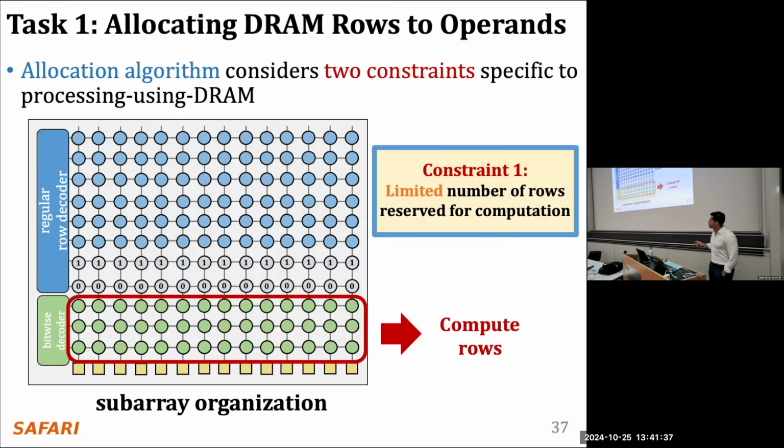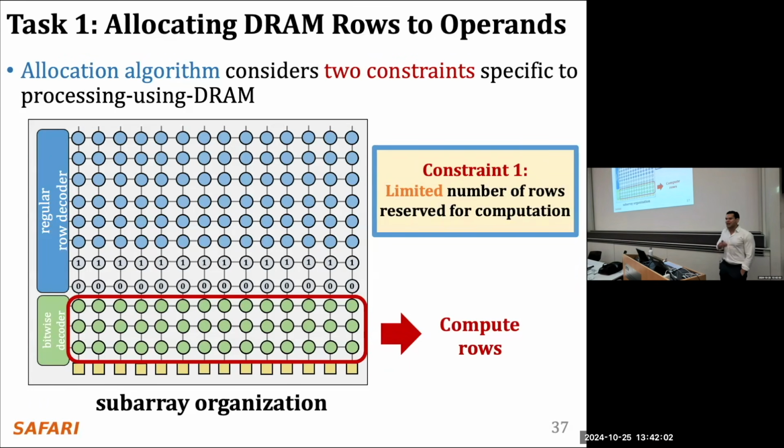And then a subgroup of rows called the B group or bitwise group, which are connected to a special row decoder that allows us, with a single address, to activate 3 DRAM rows at the same time. But to simplify the design of that row decoder, we only have a few of those compute rows in the DRAM subarray.